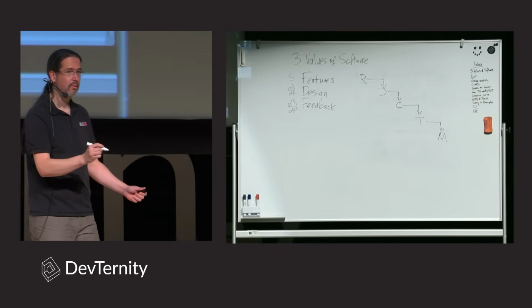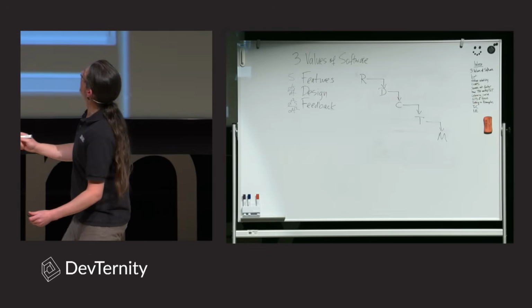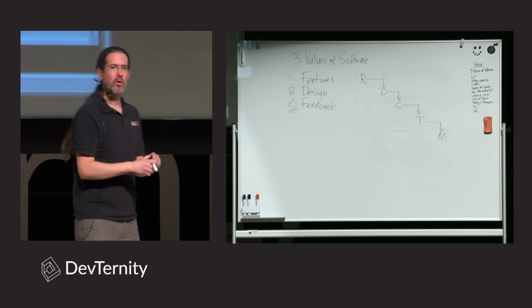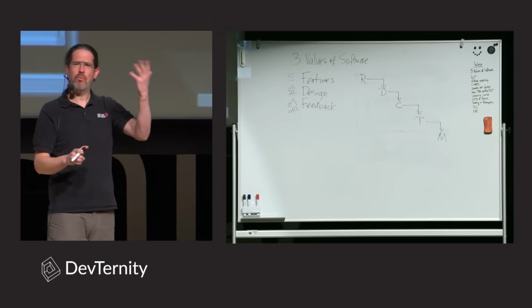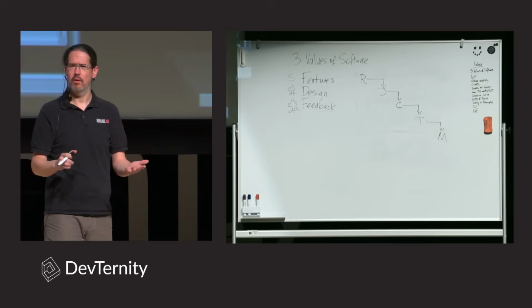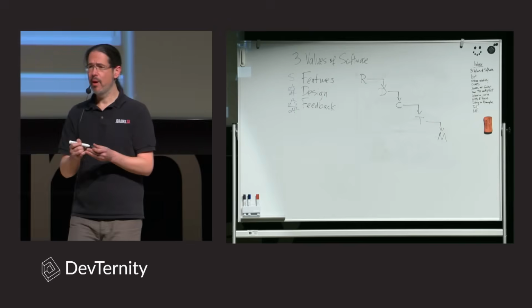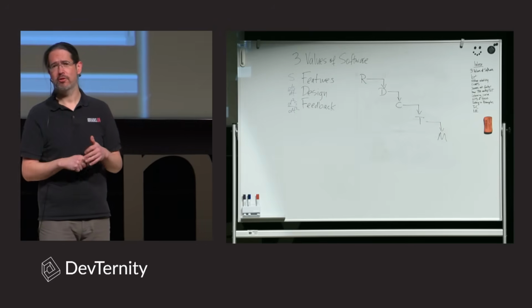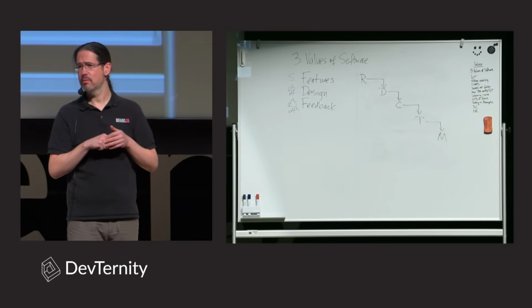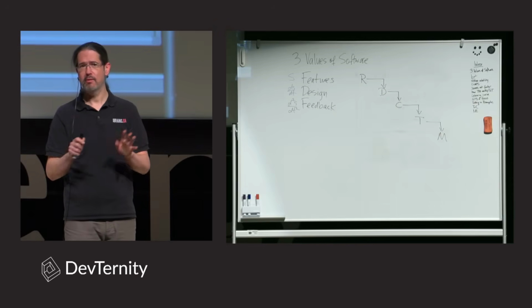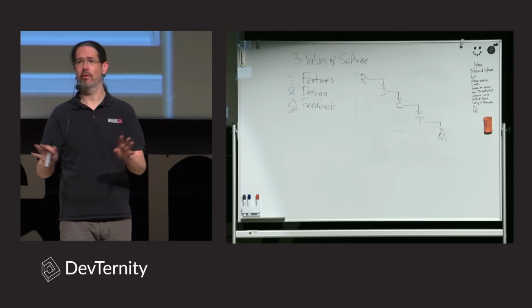It's funny how people see this shape and for some reason they have the picture in their head of a waterfall. I'm not sure why that is. Let's please remember that the only difference between waterfall and agile software development is the length of the iterations. Okay? Let's put that to bed forever.